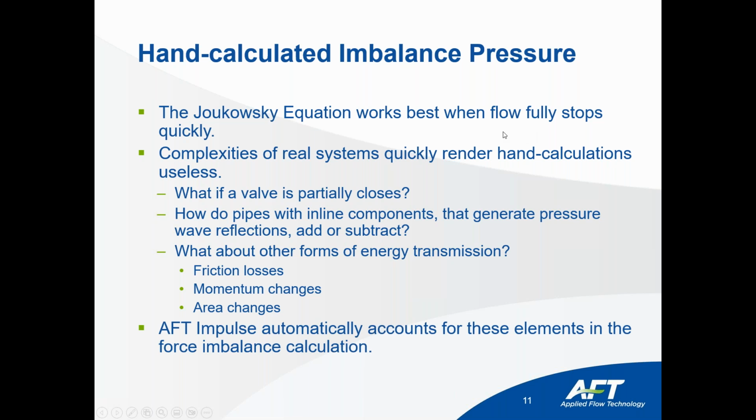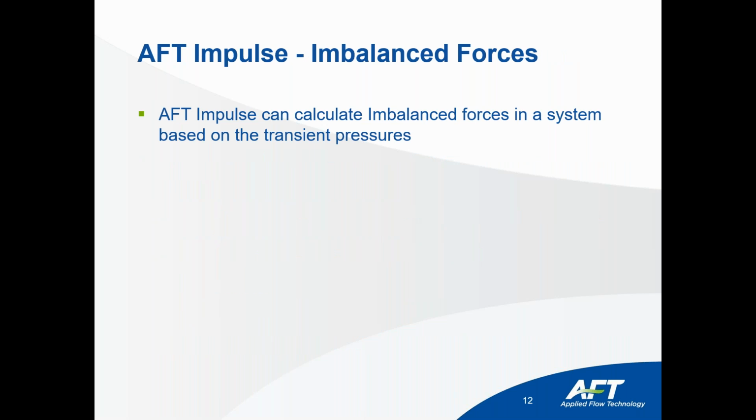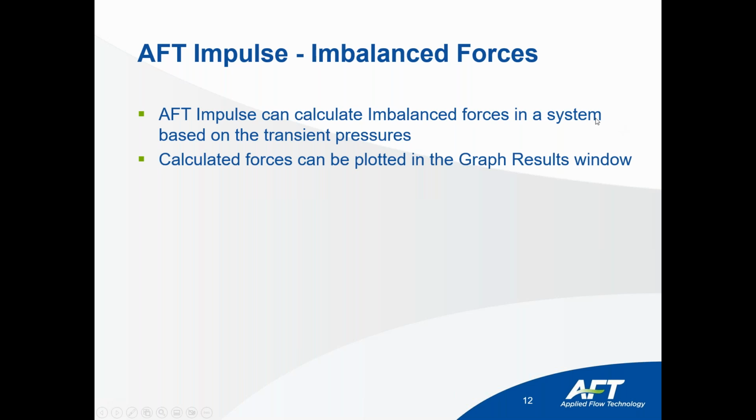AFT Impulse, as we will see, automatically accounts for all these elements in the force imbalance calculation. AFT Impulse can calculate imbalance forces in a system based on transient pressures. Calculated forces can be plotted, as we will see later on in the graph results window.